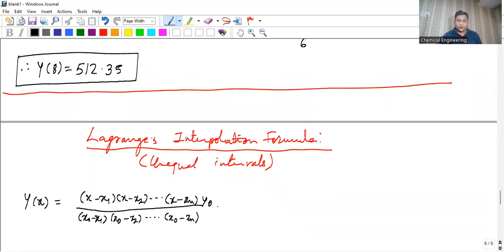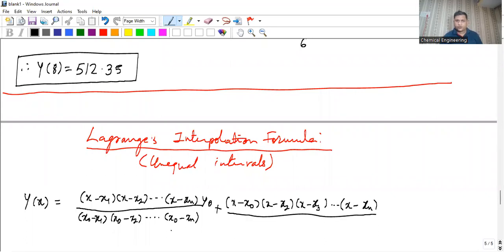Next, we have the term (x minus x0)(x minus x2)(x minus x3), and so on up to (x minus xn). Here in the denominator we have (x1 minus x0)(x1 minus x2)(x1 minus x3), and so on up to (x1 minus xn), and here we have y1.